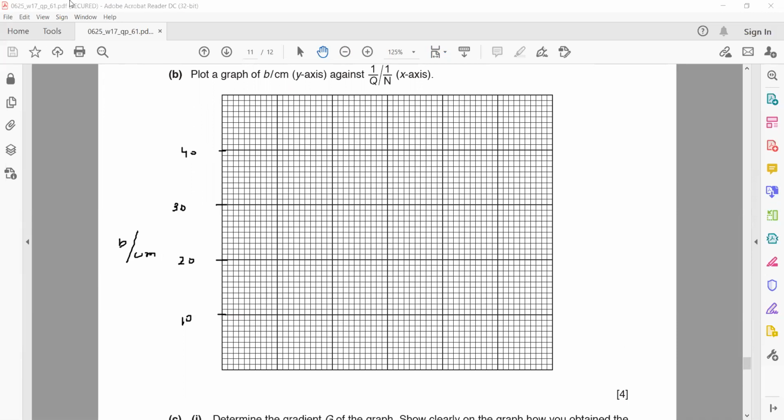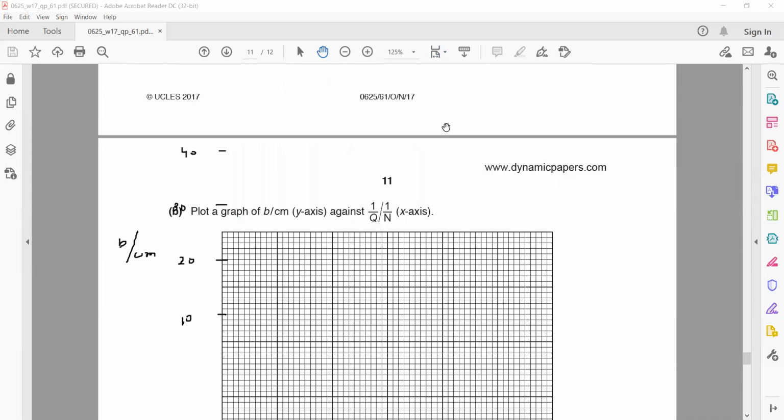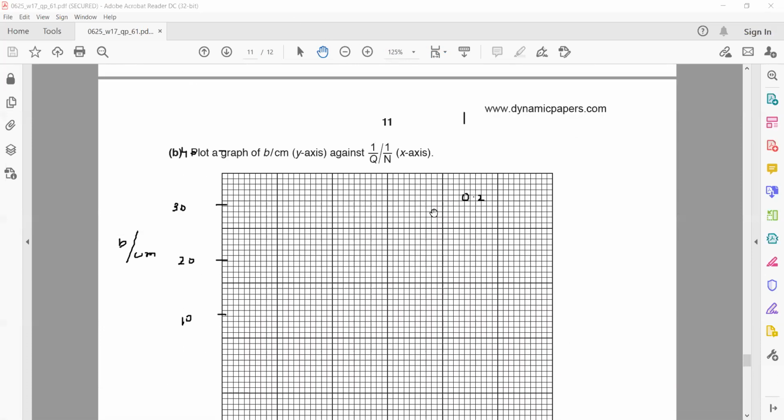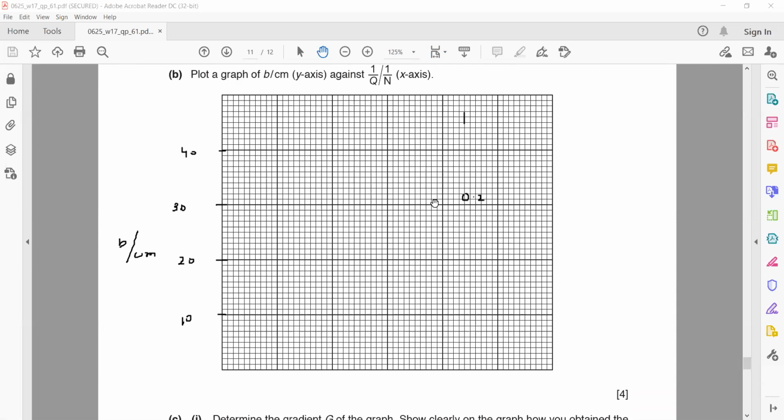Then what about 1 over q? The values of 1 over q: the maximum was 1 and the minimum was 0.2. So I need a maximum of 1. If I select 0.1, 2, 3, 4, 5, then it will not be accurate because I need 1 also, the maximum number.